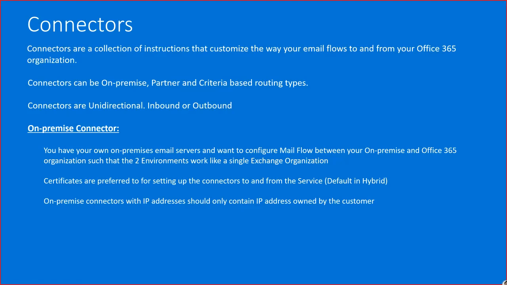On-premise connectors with IP addresses should only contain IP addresses owned by the customer. That's the whole idea of having an on-premise connector: a connector to a server which we own, and that's why we should make sure that if we are adding IP addresses to the connector, they should always be the customer's own IP addresses.